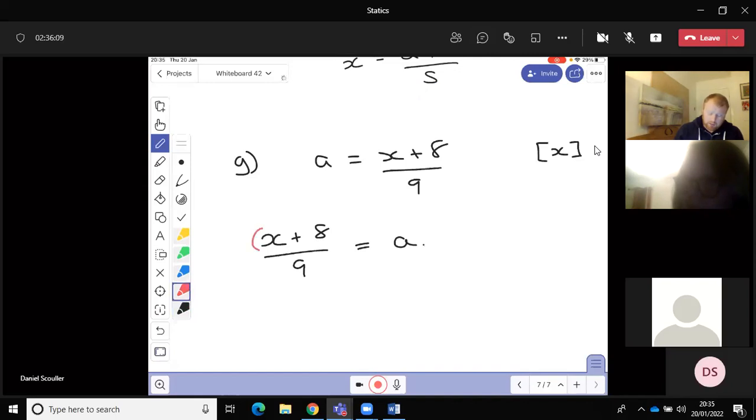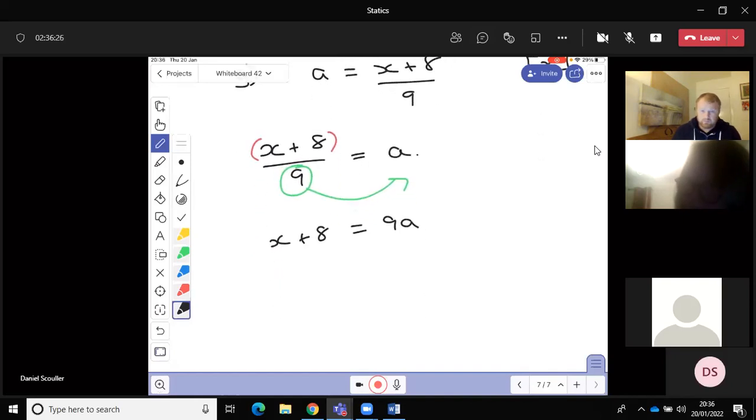So that up top has to stay solid because that divide by 9 is dividing that whole line. We need to move that 9 first. It's a divide on the left, so it becomes a multiple on the right. And now, and only now, we can move that plus.